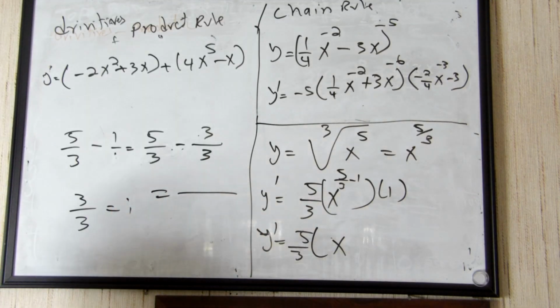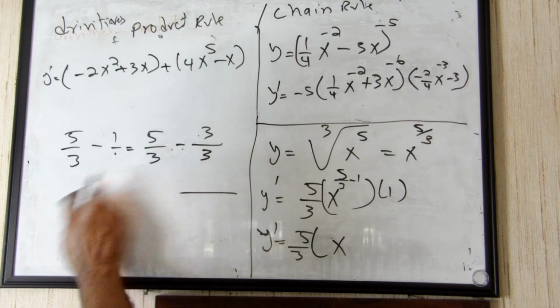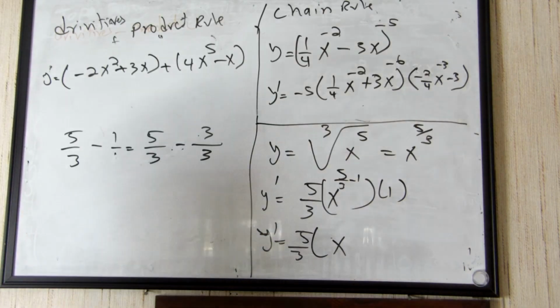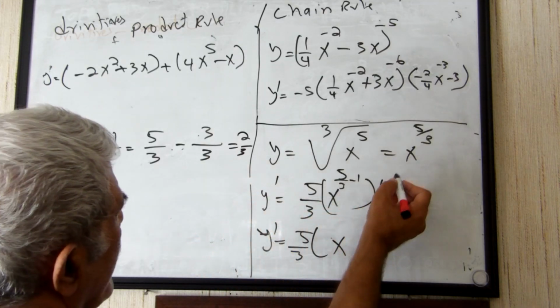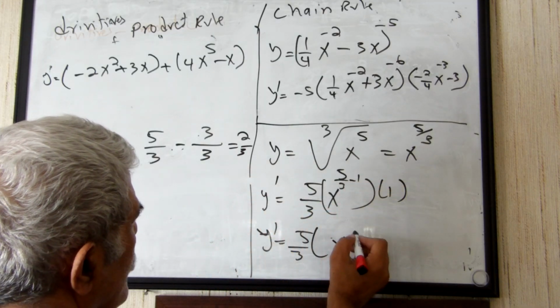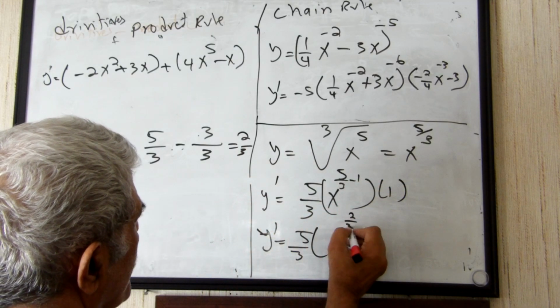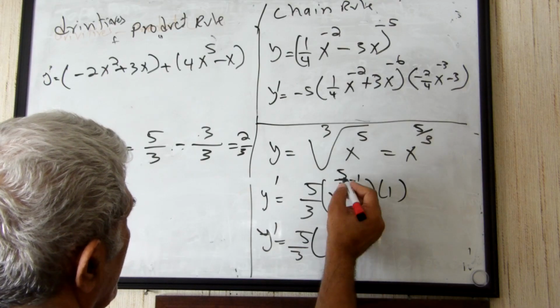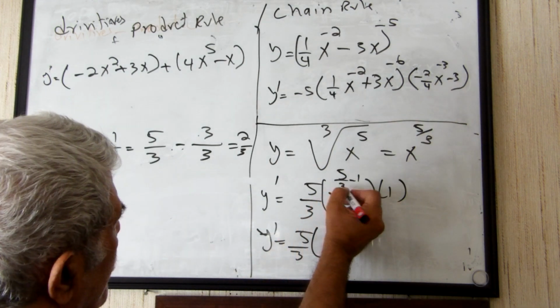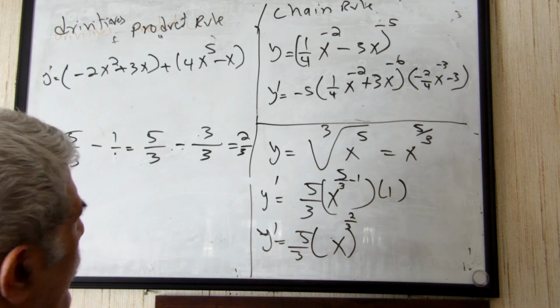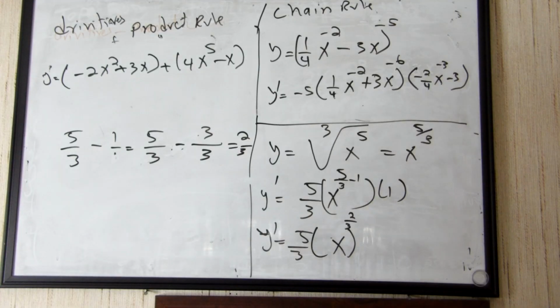So we write this one here. The answer is going to be 2 over 3. So this is going to be x to the power of 5 over 3 minus 1, which is 5 over 3 minus 3 over 3, that is 2 over 3.